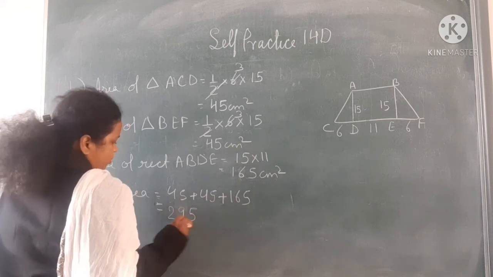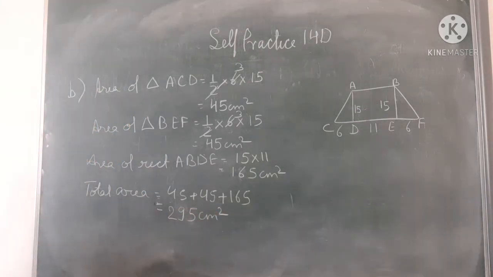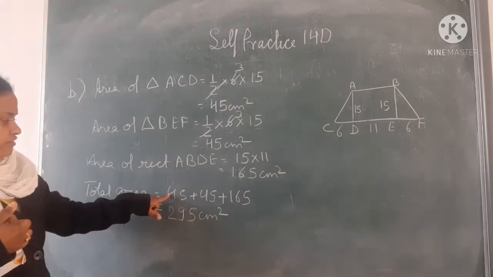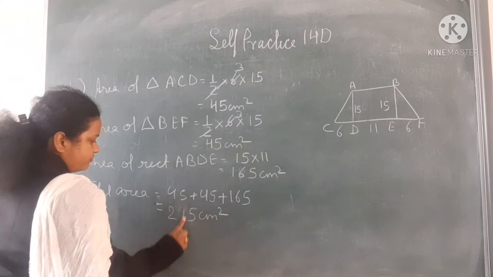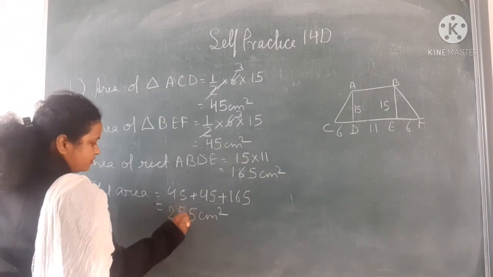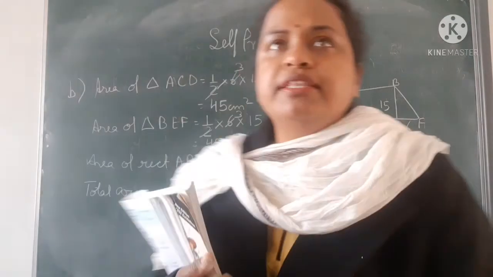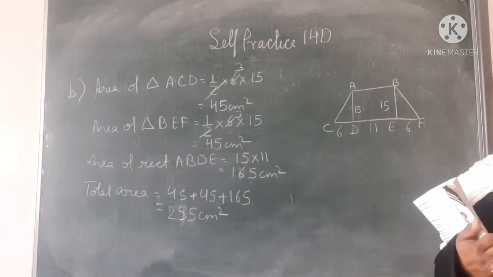Carry 1, 295 centimeter square. So what will be the total area of the figure? That is 255 centimeter square.